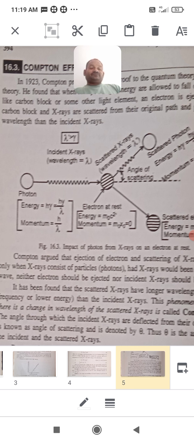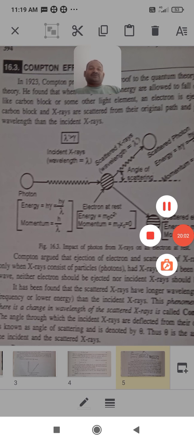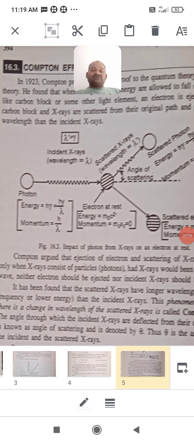The angle between these two is called theta. So the incident X-ray wavelength is smaller than the scattered X-ray wavelength. That is important in the Compton effect. This is the Compton effect.